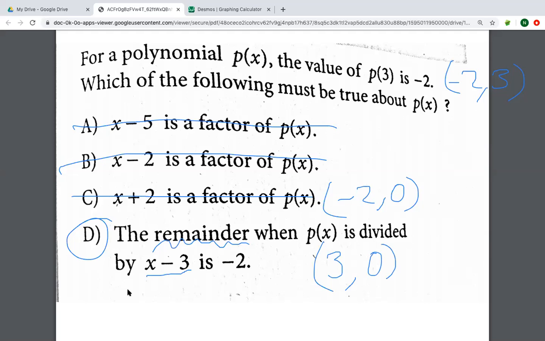But they were telling me that when they plug in 3, they get -2. So that means that it was shifted down 2. So that just means that it was a remainder when it was divided.